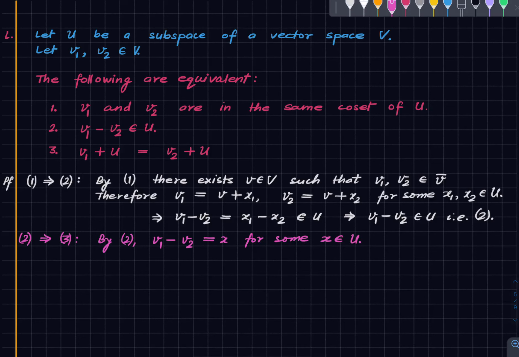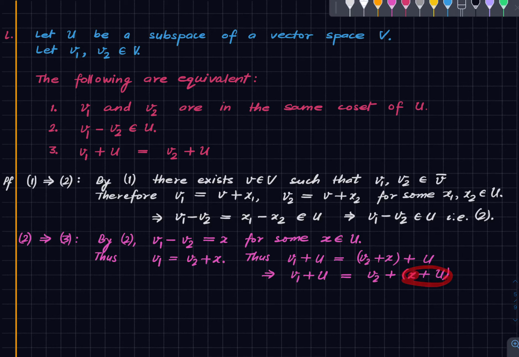Therefore, v1 is equal to v2 plus x, and thus v1 plus U is equal to v2 plus x plus U. We commented on this kind of thing earlier, so I will not repeat it. But again, x is already in U, so this is U, and we get v1 plus U is equal to v2 plus U, and that is the statement of 3.